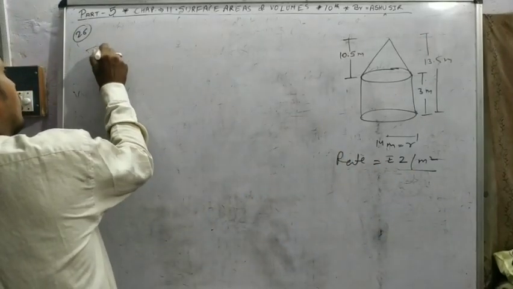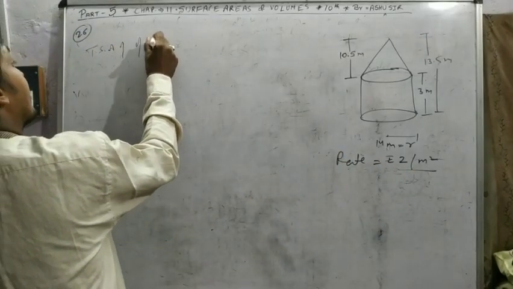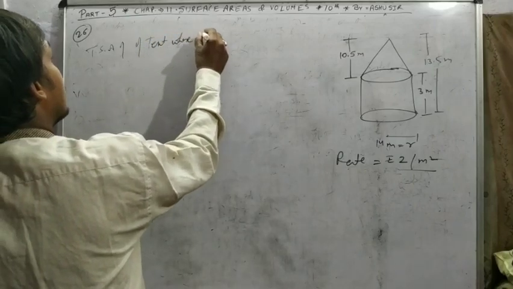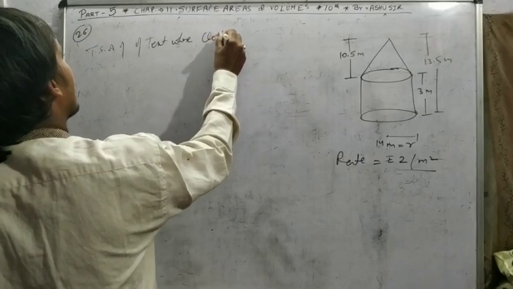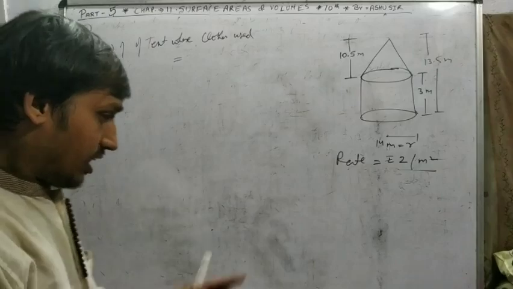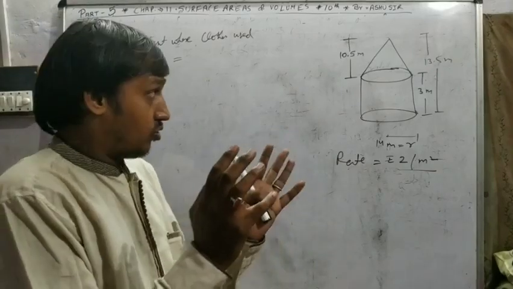So the total surface area of the tent is the cloth used. If I say tent, you have to go on a picnic?